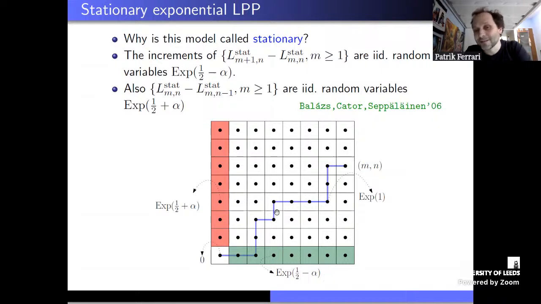Now, if you look at a different level, say at level n, and look at the increment of the last passage percolation, this will also be IID random variables with the same law as before. Similarly, by symmetry, also on the vertical line, and actually even on any down-right line. So this is the reason why this is called the stationary last passage percolation.